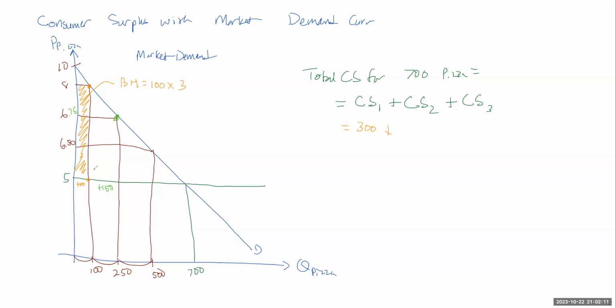So their consumer surplus is the area of this box, base times height. The height is 1.75. The base is 150.